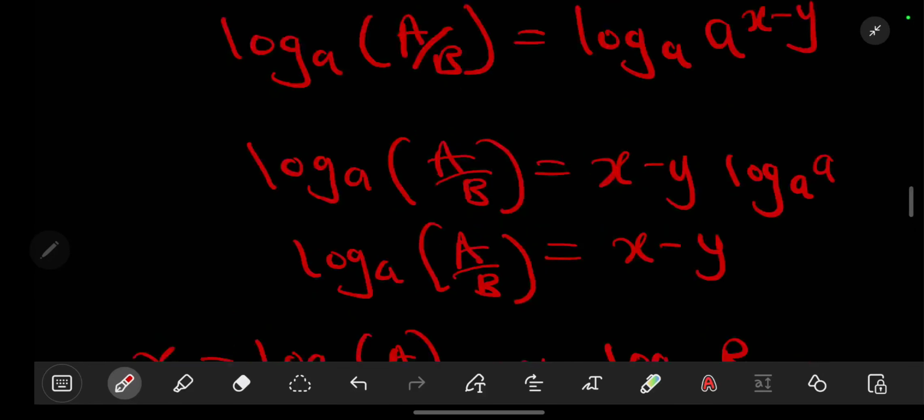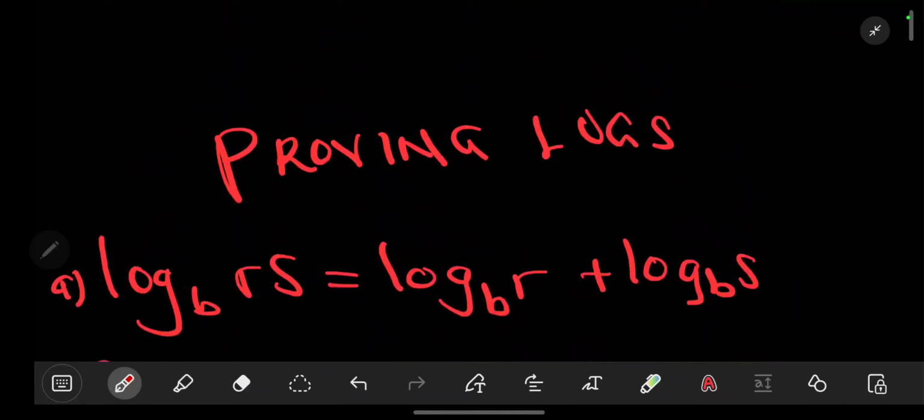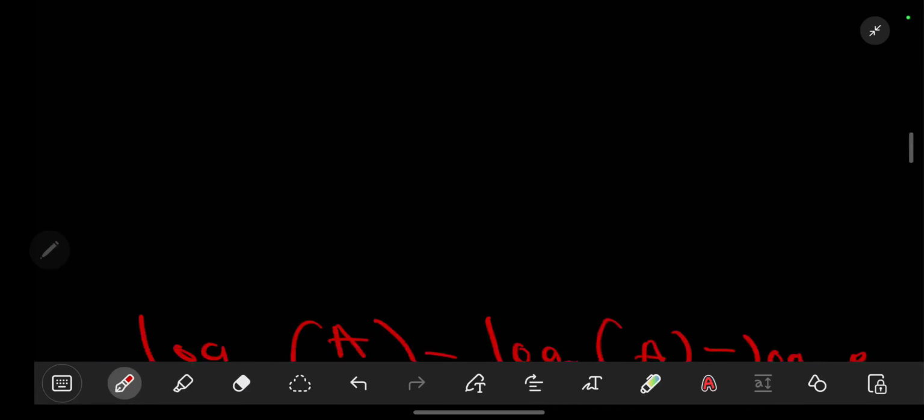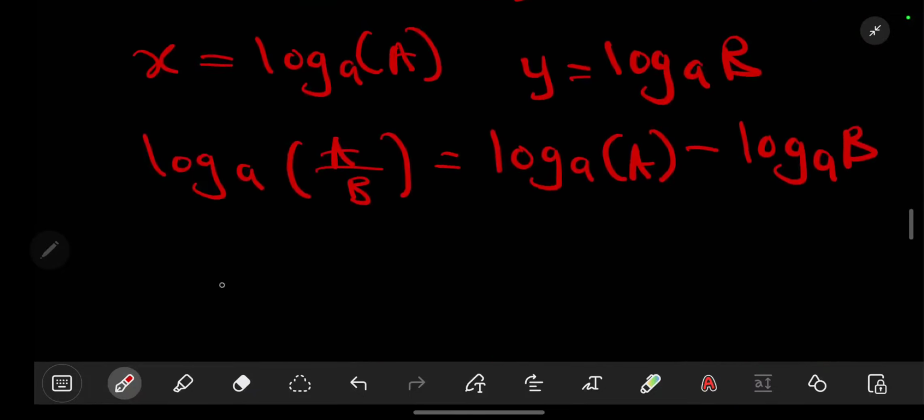So remember, this was the required expression. So this was the required expression. So all we have to do is say hence shown.